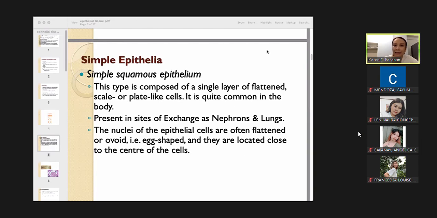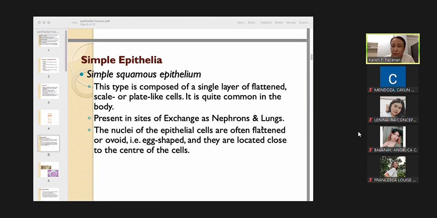At the same time, with regards to the shape of the nuclei, it would just follow the shape of the cell. So we expect that the nuclei would appear to be flattened as well. Okay? So it consists of flattened nuclei located at the center or near the center. So those are the ways on how to identify simple squamous epithelium.